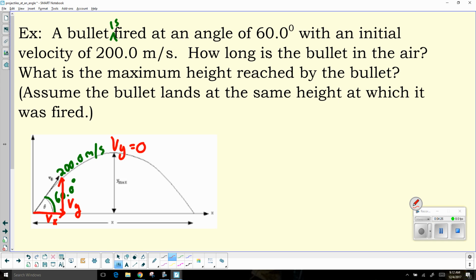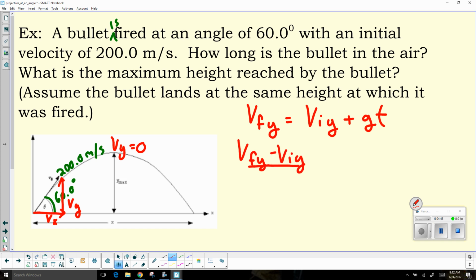So equation number 3 for velocity in the y direction: vfy equals viy plus g times t. I'm going to rearrange this to isolate time. And then I'm going to remind myself that the final velocity in the y direction halfway through the path is 0, because I'm finding the time right there.